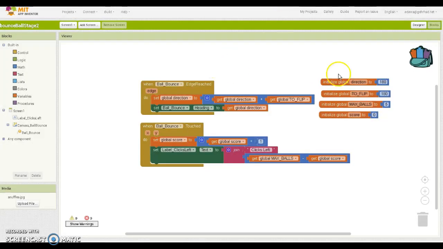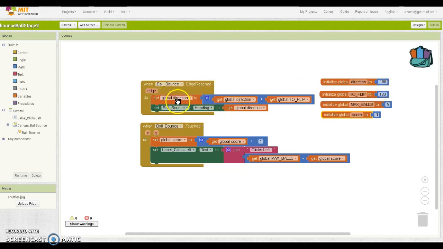When I'm playing this game, here are my global variables that have already been set up for me. The first one that comes into play is global direction. Right from the beginning, the direction is set to 180. Then global direction is reset.